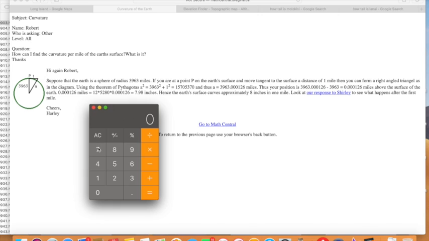Now let's use 7.98 inches into a foot, divided by 12. So we got 0.665. So just a little bit smaller than 0.6 periodical. Okay? You got me here?